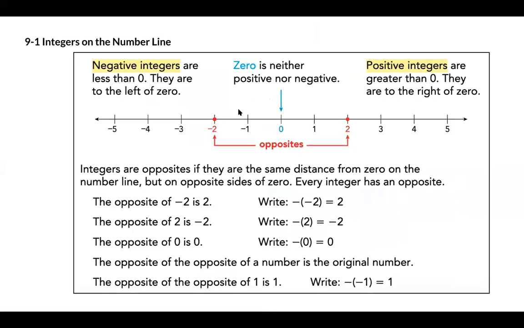They contain reflections of each other on either side of the number line. So the opposite of 42 would be negative 42. The opposite of negative 17 would be positive 17. So opposite just talks about the term or integer that exists on the opposite side of the number line from itself.